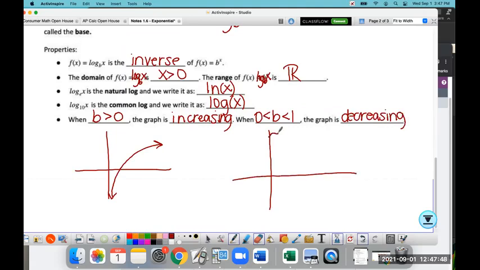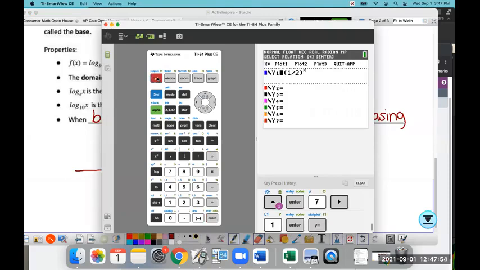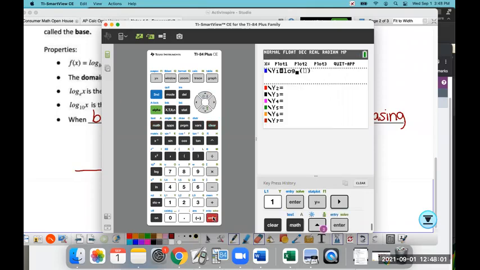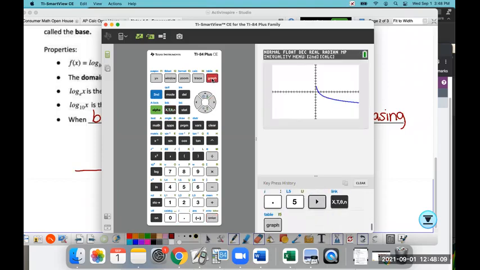So like this. Don't believe me? Let's take a look. All right, math. Okay. I'm pretty sure you guys believe me for the increasing, but let's do like 0.5 as the base for decreasing. There you go.